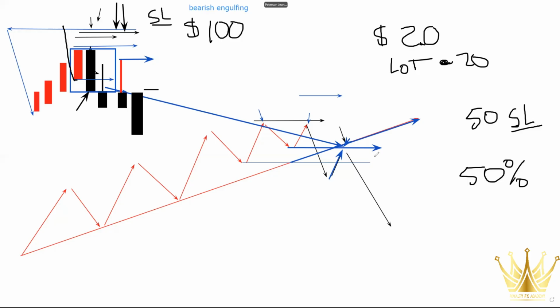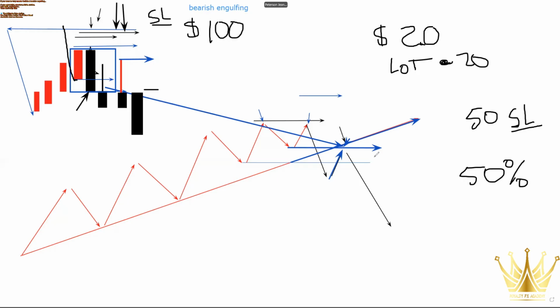I don't care if you have a $50,000 account, a $100,000 account, or a $50 account. You should never risk more than 3% maximum of your account. Never, please. Never. That is a bad investment if you are risking more than 3%. All right, so drop your lot size. That way you can trade very effectively.